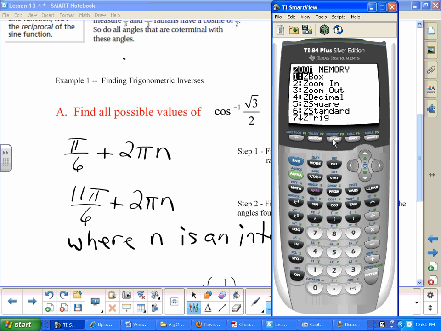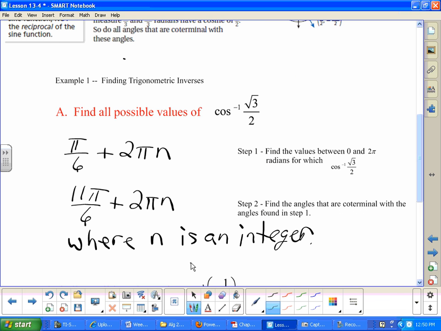And if you press zoom 7, not 6, but 7, and look at the graph, this graph is going to go on forever doing that pattern. So it's going to keep hitting square root of 3 over 2. It's going to hit it here, and here, and every time I get to that spot, it's going to hit it. So we have an infinite number of solutions, and the way to get every solution is by adding 2 pi n to each answer I get.